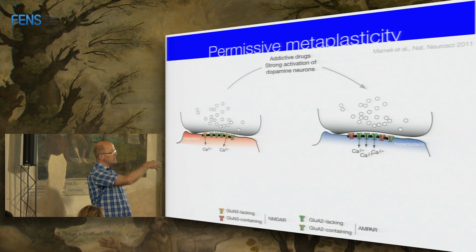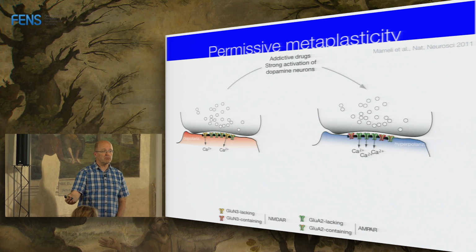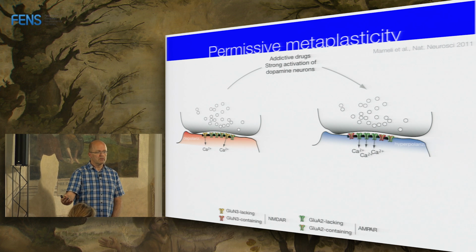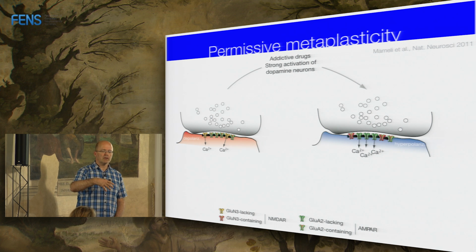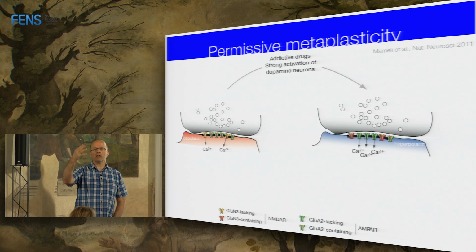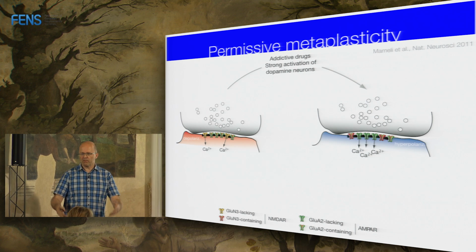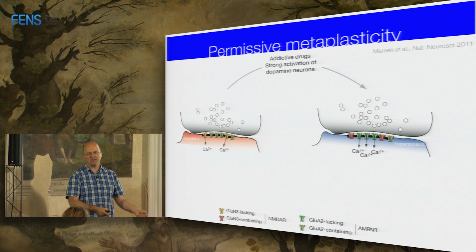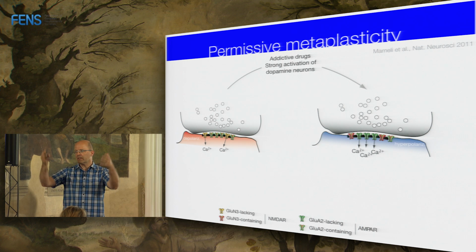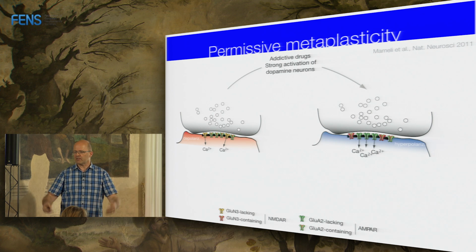Yeah, you have to depolarize, then calcium comes in, and downstream of that calcium, well, yeah, synaptic plasticity. I mean, that's what NMDA receptors were invented for, right? To bring calcium into the cell and then trigger LTP, for example.